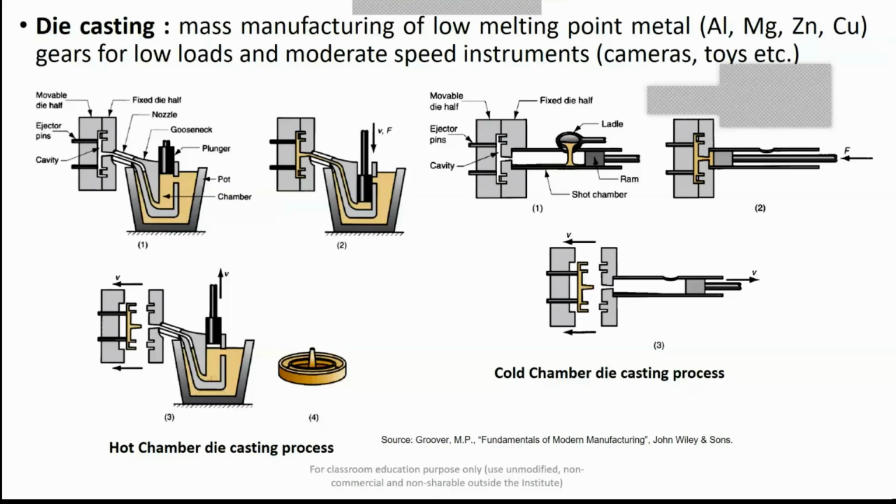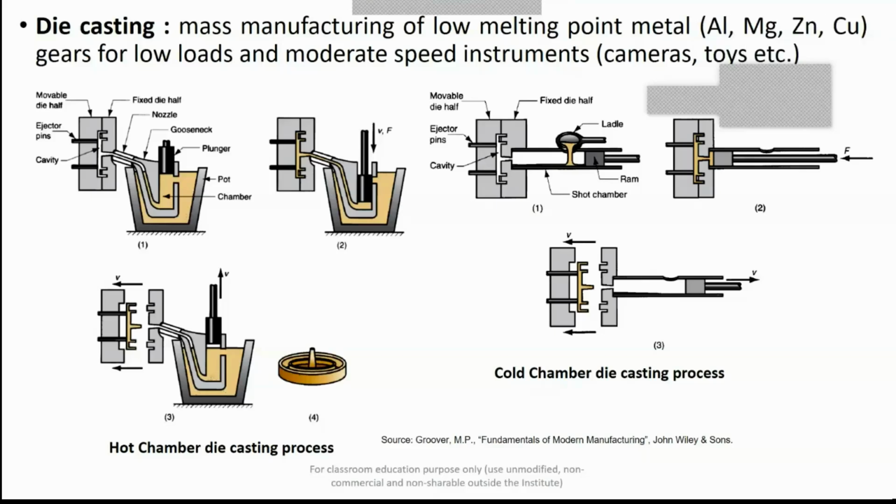This process is used for mass manufacturing of low melting point metallic gears. The metals can be aluminium, magnesium, zinc, copper for low loads and moderate speed. But you can see the finish and accuracy is far better than sand cast gears. Their applications are small gears in cameras or toys.